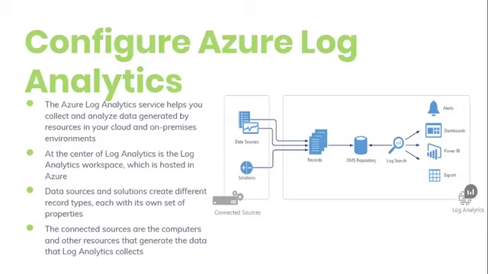Data sources and solutions each create different record types, each with its own set of properties, but you can still analyze sources and solutions together in queries to the workspace. This capability allows you to use the same tools and methods to work with a variety of data collected by a variety of sources.